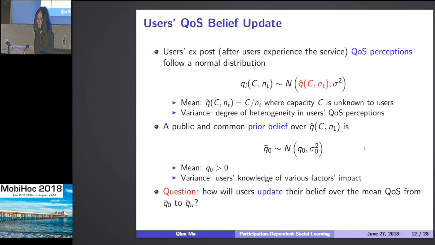Users and the provider have a public and common prior belief over the mean Q hat. It is assumed to follow a normal distribution. The normal distribution has a positive mean, and the variance reflects users' knowledge of various factors' impact. Then the key question is, how will users update their belief over the mean QoS from the prior belief Q bar 0 to an updated belief Q bar U?